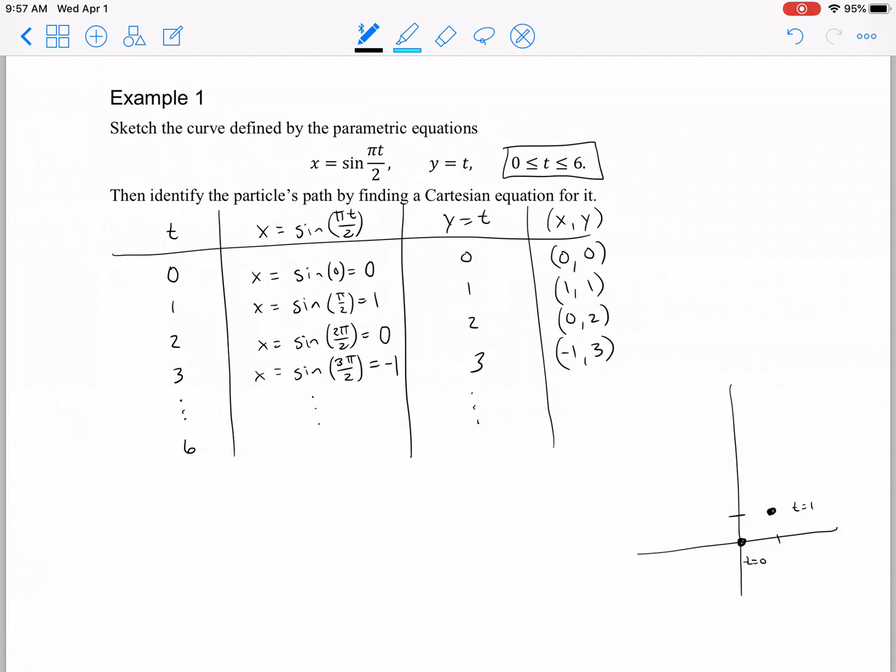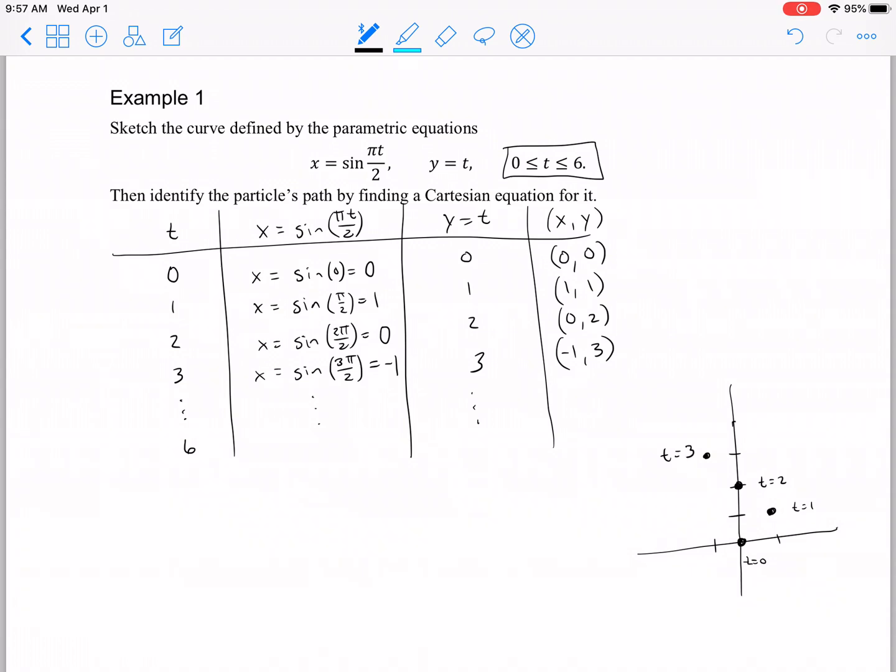T equals 2 has us at 0, 2, so right there, this is t equals 2. T equals 3 has us at -1 and then 3, so we're over here, and this is t equals 3.